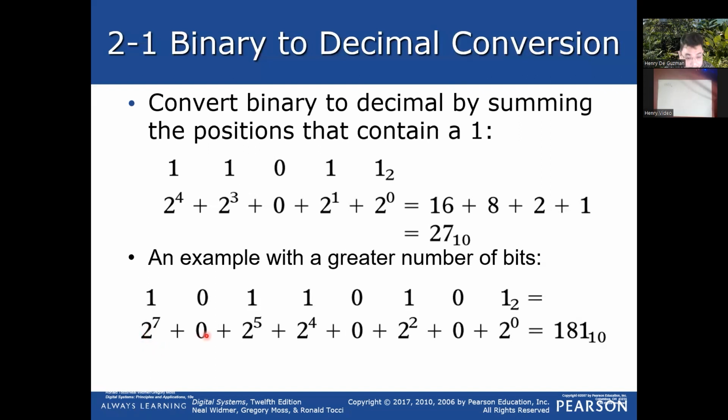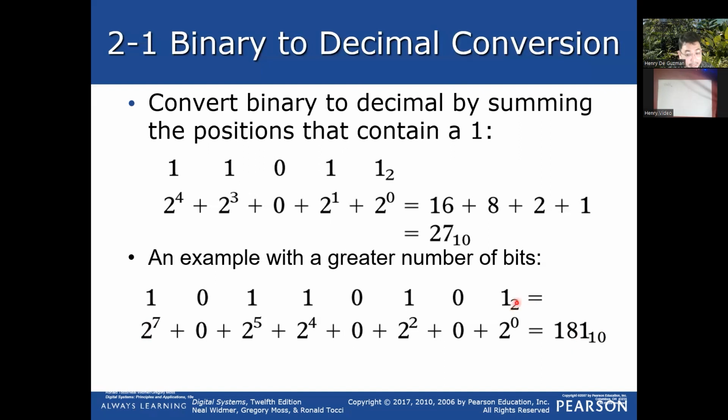Then 2 to the 6, 2 to the 5, 2 to the 4, then 2 to the 3, 2 to the 2, 2 to the 1, and 2 to the 0. The subscript at the bottom is how we determine what kind of number system the given number has. But for decimal, if there is none, it is the default. There may or may not be a 10.